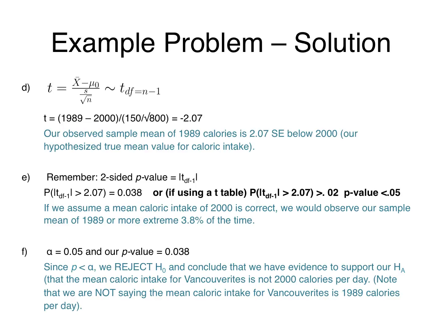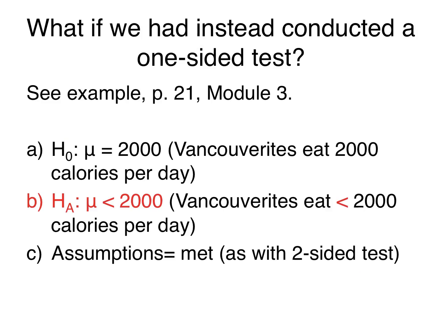Note that we're not concluding that the caloric intake for Vancouverites is 1989, or that we prove that our alternative hypothesis is true, but that we have evidence to support our alternative hypothesis.